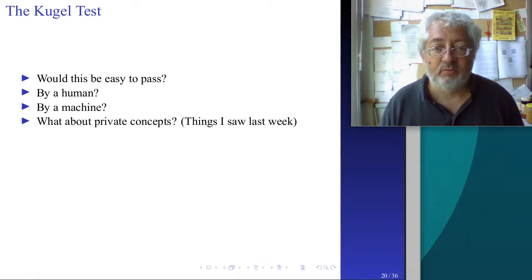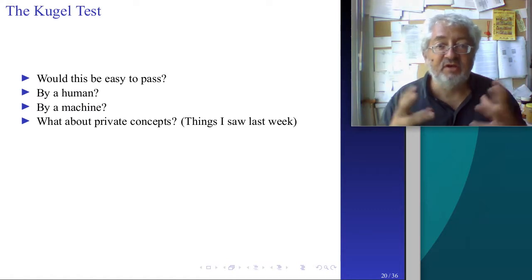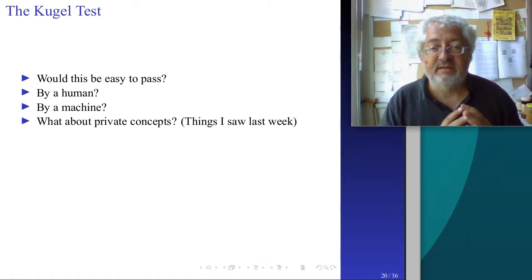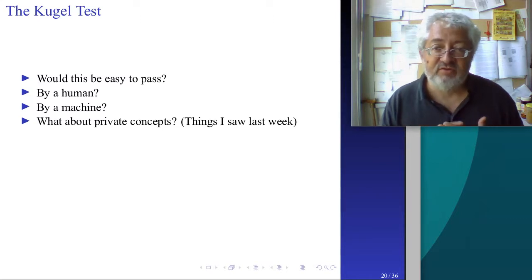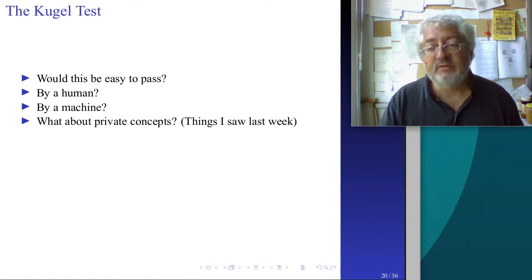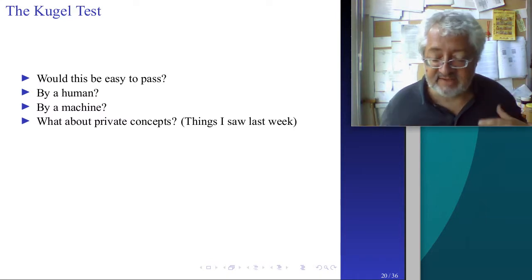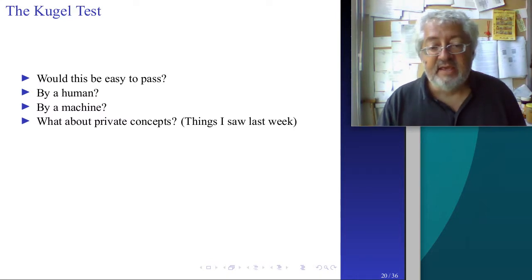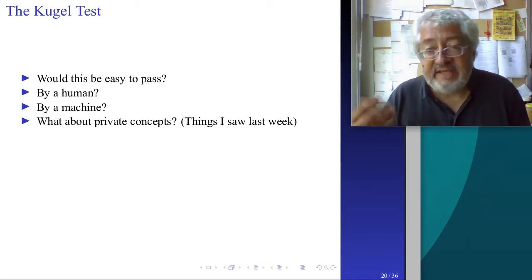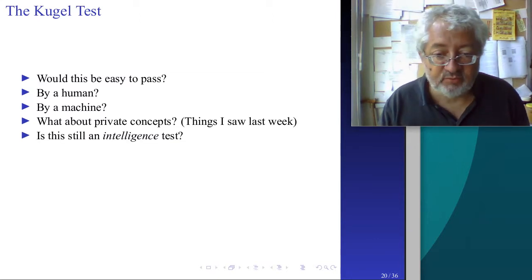Nobody can know what I have seen last week, and so I might create a yes bin that contains a flowering cactus, a truck, and a bee, and then good luck trying to guess what happens with the next card, right? So this is a way I can make an unpassable Google test, and this will be equally unpassable for a machine as for a human.